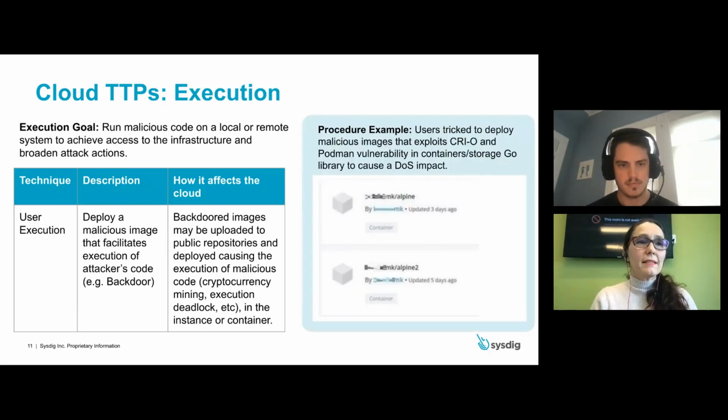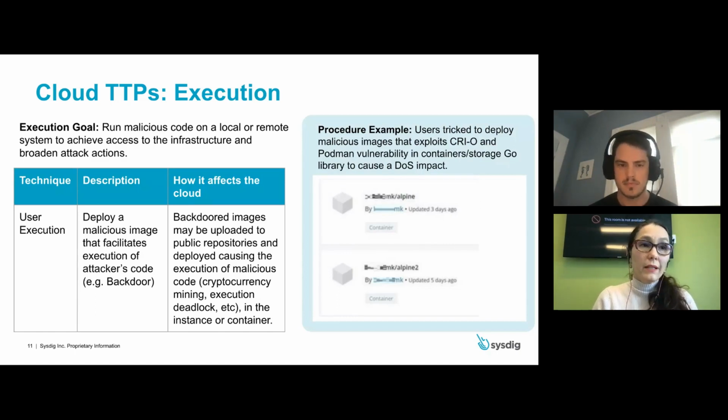Execution. In this step, what the attacker is trying to do is to use one of your valid users, not the attacker itself, but one of your developers, for example, to do something that will help them to achieve their immediate goal or their final goal.